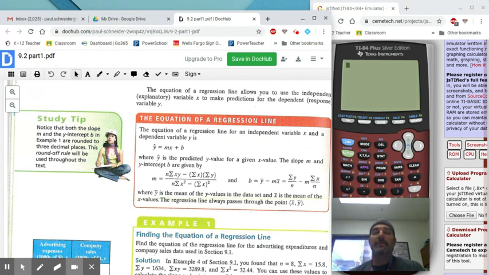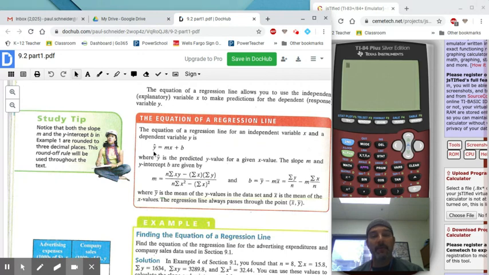Basically, if you draw a line through a scatter plot, the regression line is the line that takes every single data point the shortest distance away overall. You can draw a bunch of lines through that data, but we want the one that fits best.